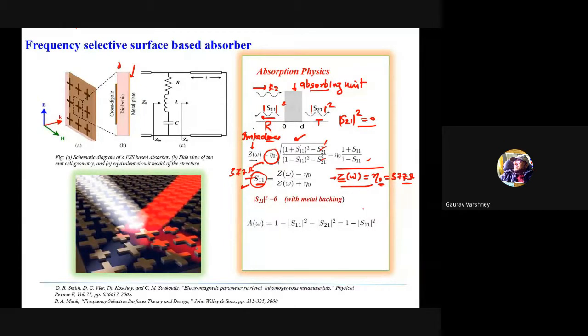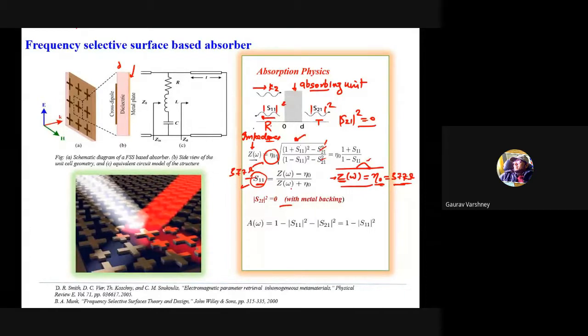If we are trying to design some absorbing units, then the impedance offered by the absorbing unit must be matched to the free space impedance. Okay, so this is the first basic concept.